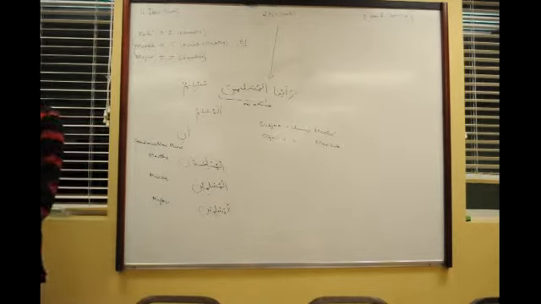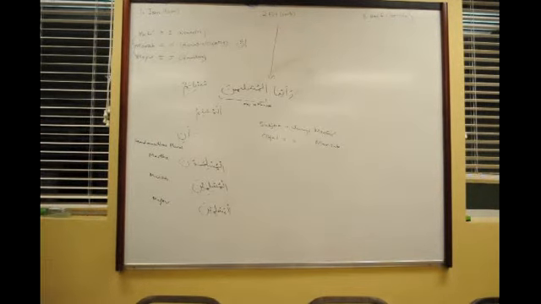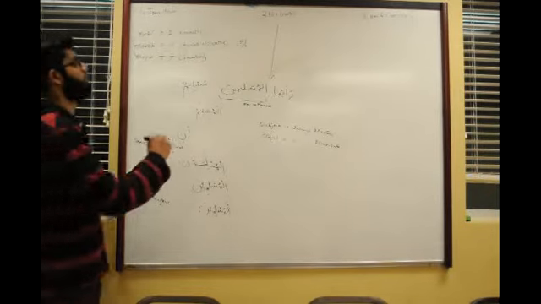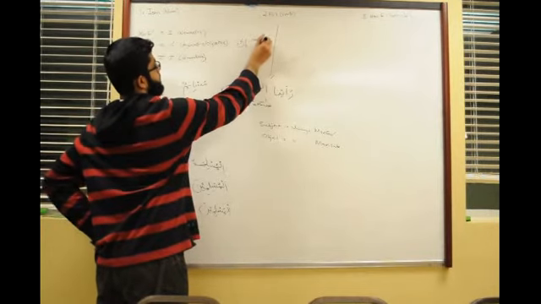There's also la'alla, which means maybe. Ka'anna, which means as if. And li'anna means so or because. Okay, so all of those are sisters of inna. So the ism inna is mansub.